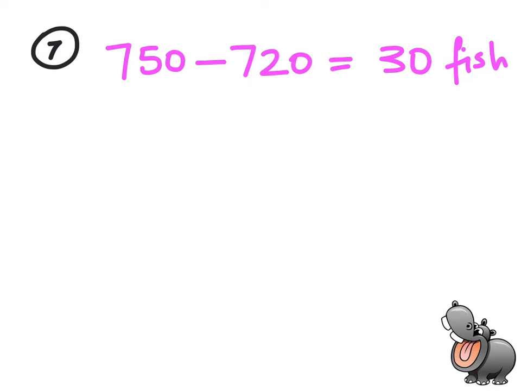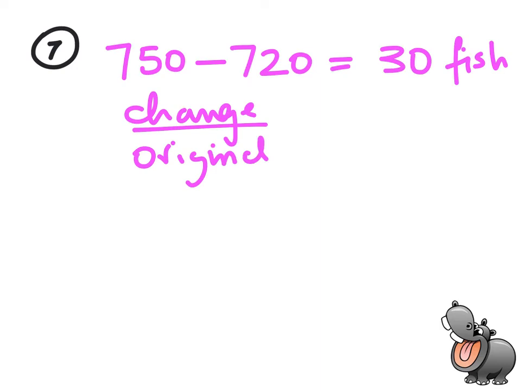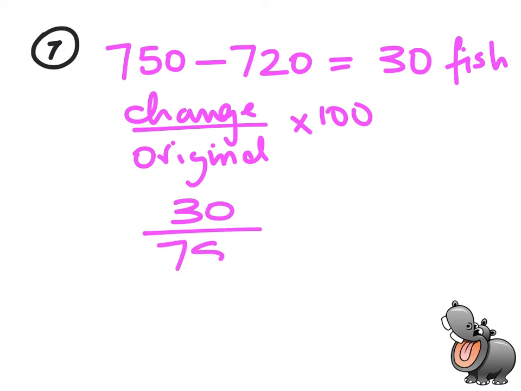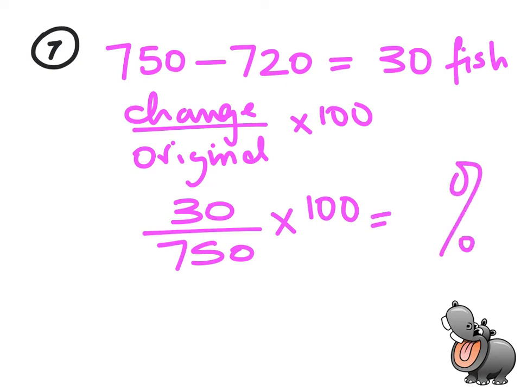The formula for the percentage change, remember, was the change divided by the original amount, times 100. So the fish have fallen by 30, the original amount was 750, times that by 100, and that will tell you what percentage of fish have been lost in the dam.